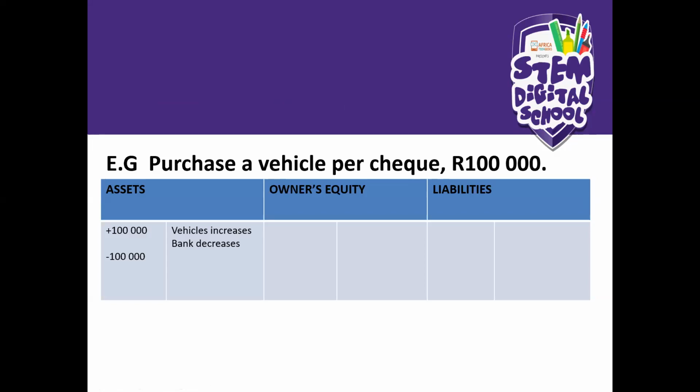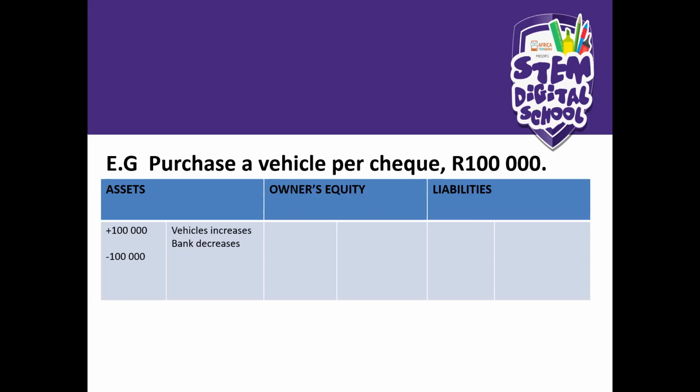Right. So let's take this one again. First of all, you will see all the entries now are only with assets. Nothing with owner's equity, nothing with liabilities. Right? What was the transaction all about? It was about a vehicle that you purchased for 100,000. If you purchase a vehicle, then it means your vehicles is becoming more. Vehicles is an asset.